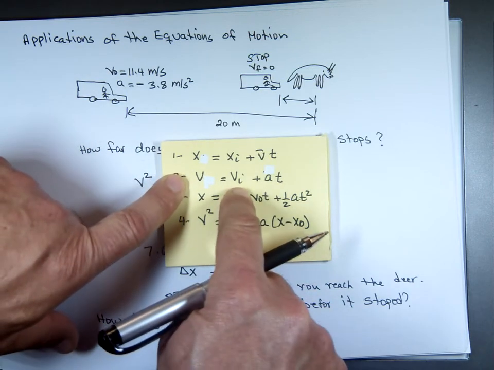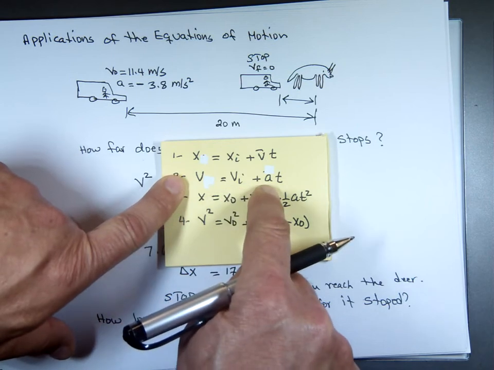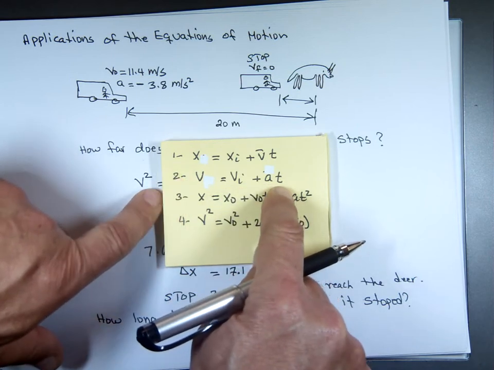I know the initial velocity. I know the acceleration. Can I find the time? So equation 2.